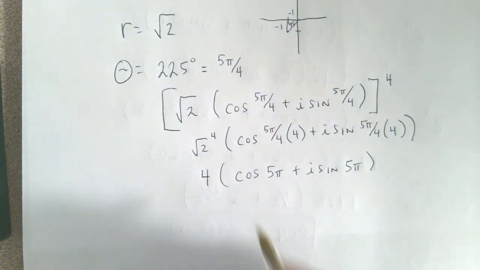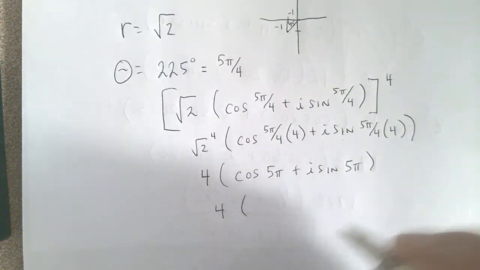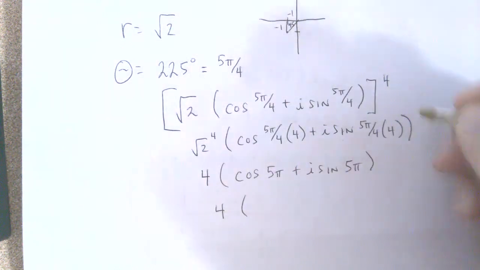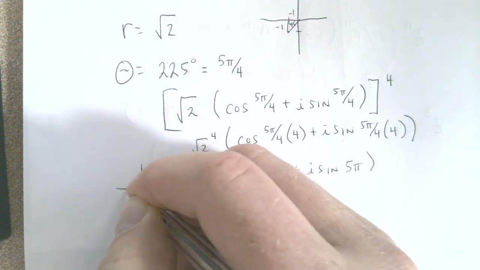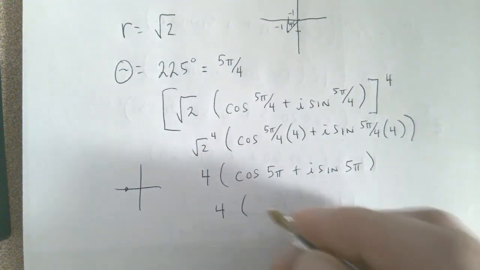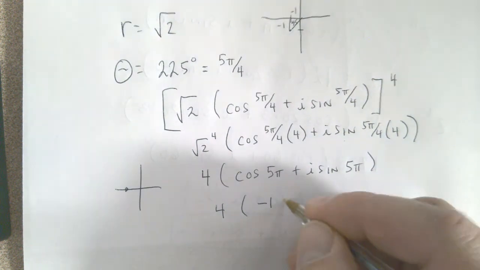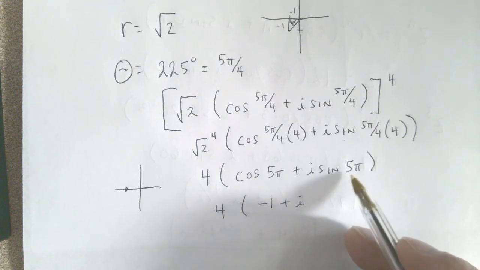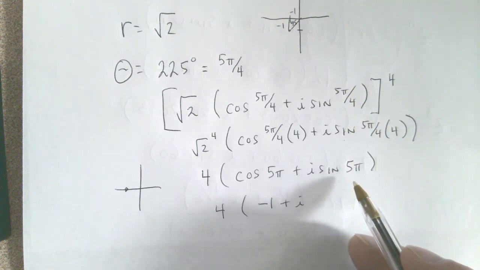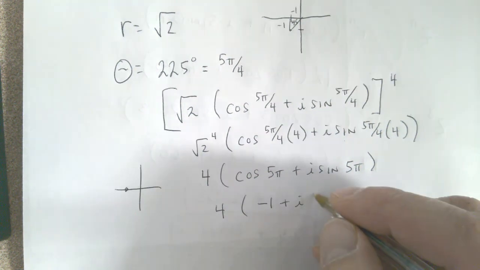So if I'm doing the cosine of 5 pi, what do I get? You think about it: I'm at 180 on the graph. Plot that point. Well, the x value there is, everybody agree, -1, plus I, and then the sine of pi would simply be the y value at 180, which is 0.